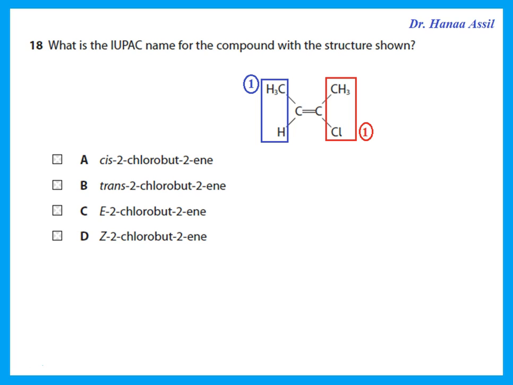And that means this is an E or a Z. Is it an E or a Z? It's E. When they are on opposite sides of the double bond, then this is an E. We don't say it is trans because the two carbons are not bonded to the same types of groups. So if instead of chlorine I had a hydrogen, then I could say whether it is cis or trans.